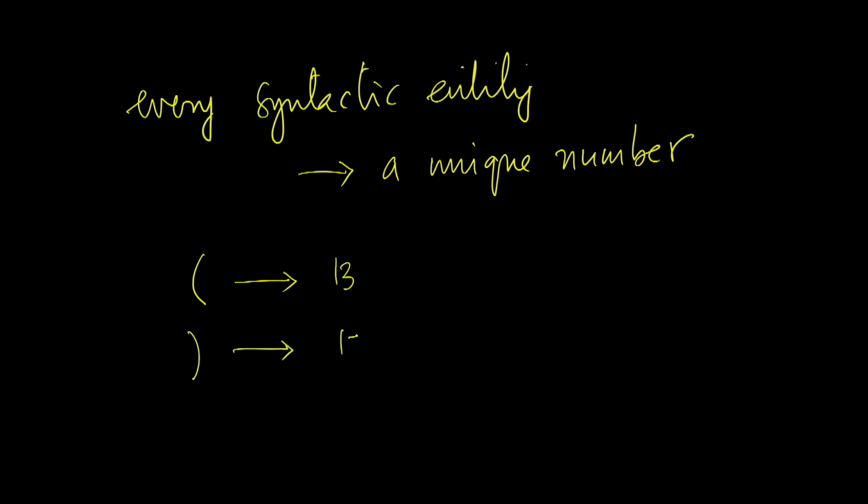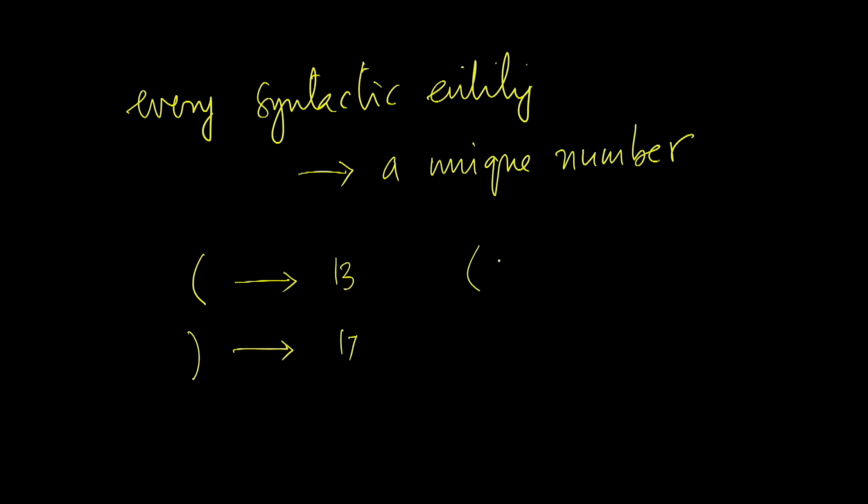Gödel's construction was roughly like this. For every syntactic entity, we can define a unique number. This is a way of encoding the syntactic entity. For example, we can assign a number for the opening bracket, let us say 13. For the closing bracket, we can assign a number 17, and so on. And then combining these, we can find a way of encoding every syntactic entity into a number.